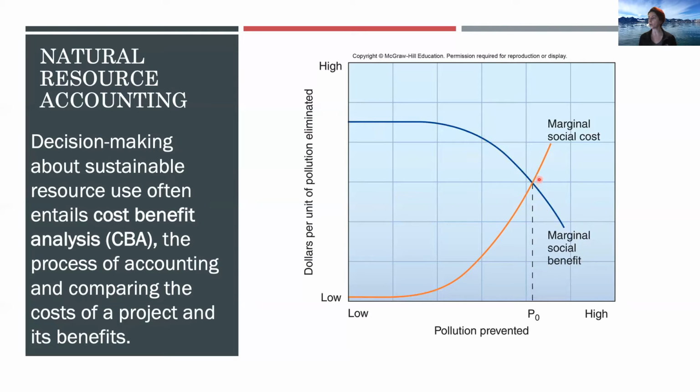The point at which these two collide is called PO, and that's where the marginal social benefit meets the marginal social cost. So beyond this PO, or the optimum, the costs of pollution removal are greater than the benefits. And that's just in simple terms.